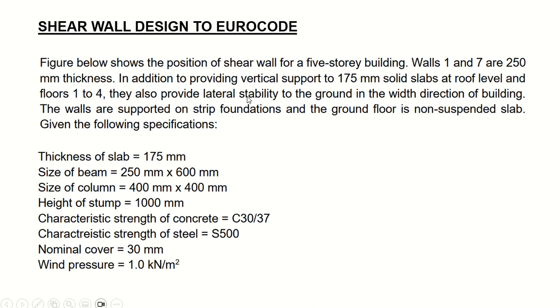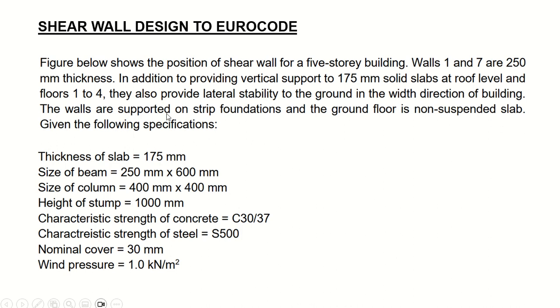They also provide lateral stability to the ground in the width direction of the building. So not only do the shear walls provide vertical support to the slab, they also function to provide lateral stability for the building.